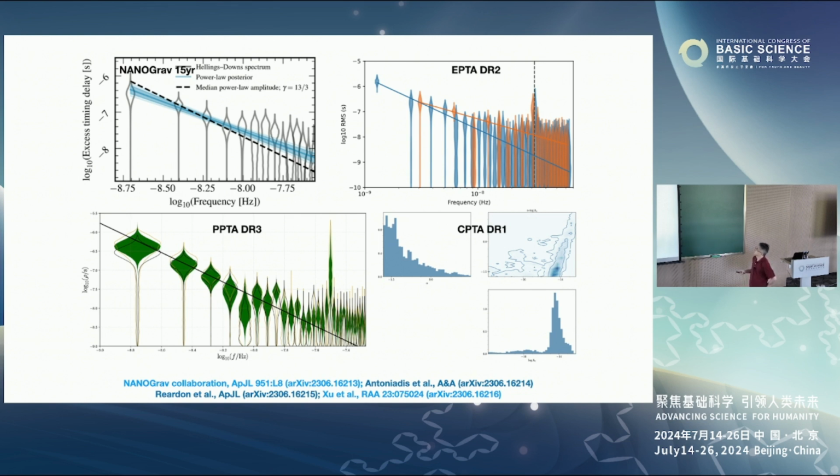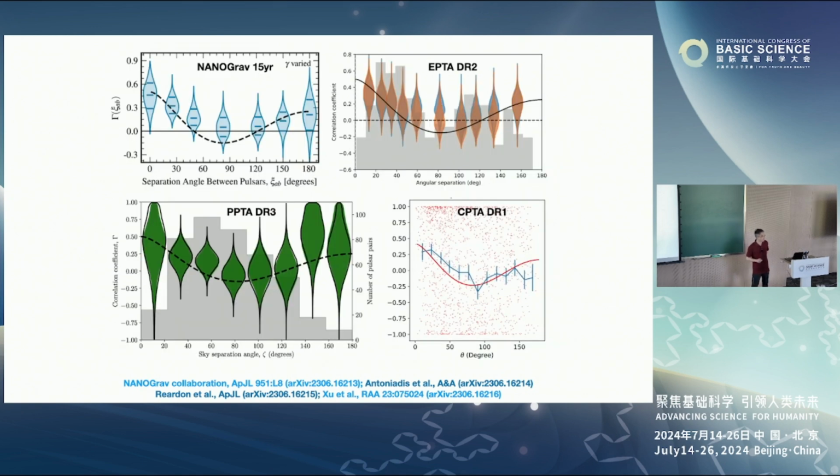Clearly NANOGrav, EPTA, and PPTA give us a roughly power law spectrum here. But unfortunately, because the Chinese PTA only ran for around 4 years, they cannot precisely measure such a spectrum, and we can see the constraint on the feature of the spectrum is quite poor. We hope in the near future, CPTA can significantly improve their results.